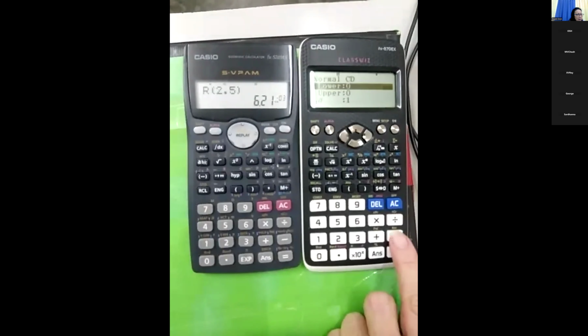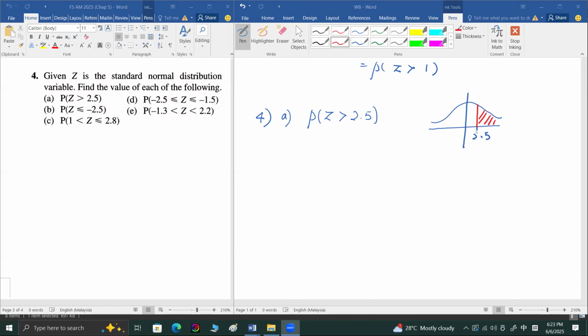Then can you see here? There is a lower limit, and here, an upper limit. What do you mean by lower limit? Okay, listen, I'm back here again. Lower limit means the left side. The right side can be so many, right?